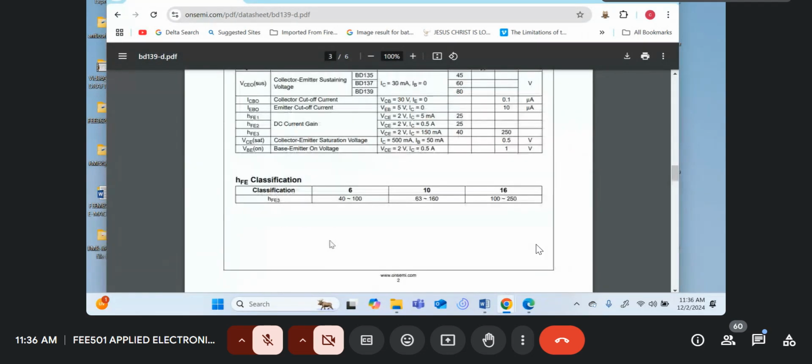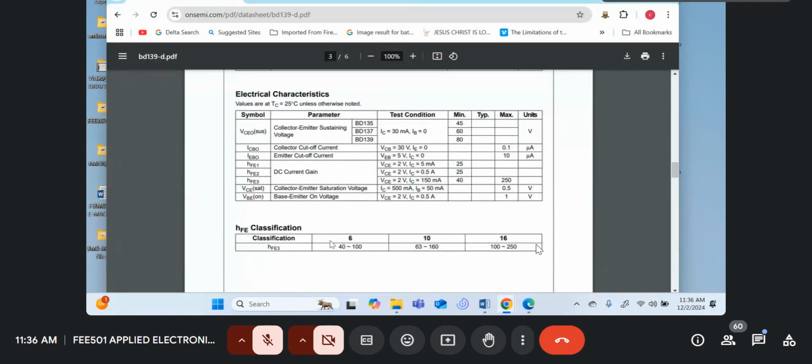They normally give you the thermal resistance of the transistor, which is how many degrees centigrade the body of the transistor, or the small metal part of the transistor, will rise for each watt. Since I can't see it here, let's go back.